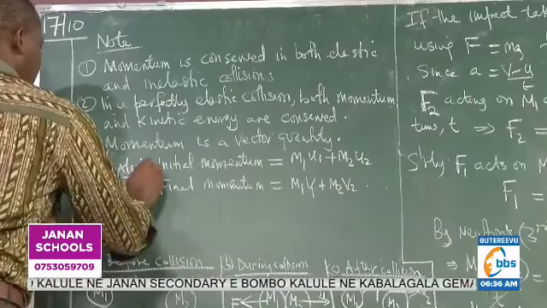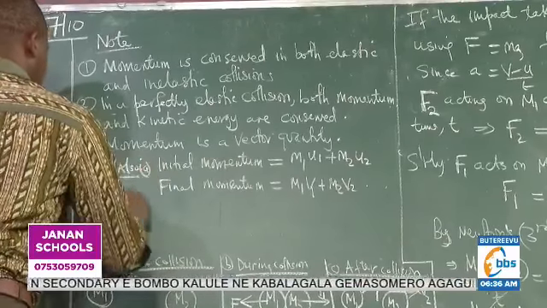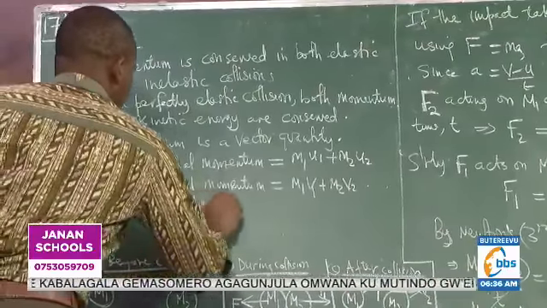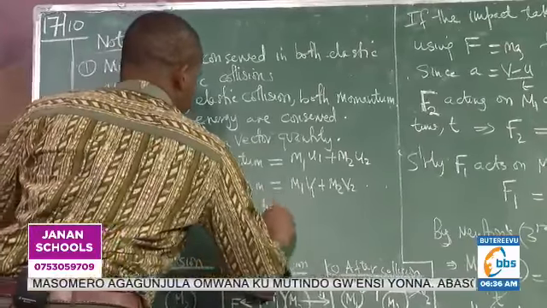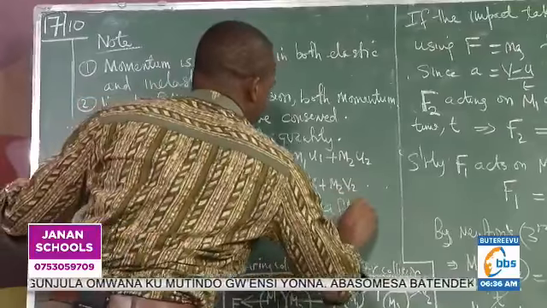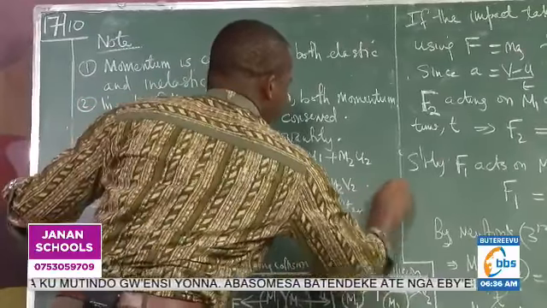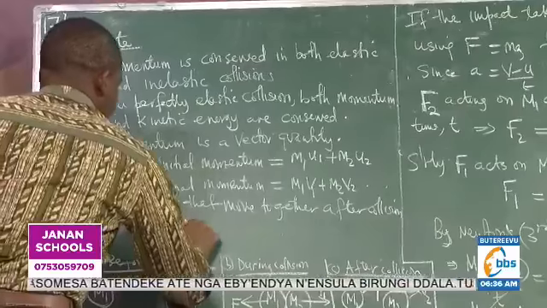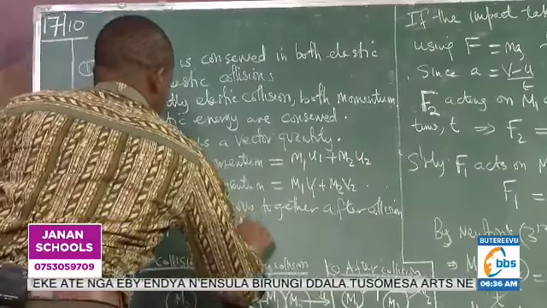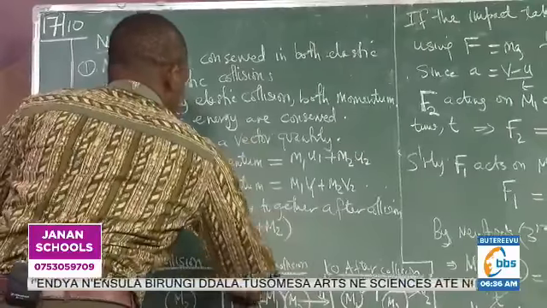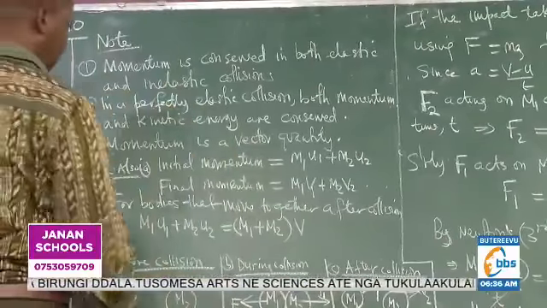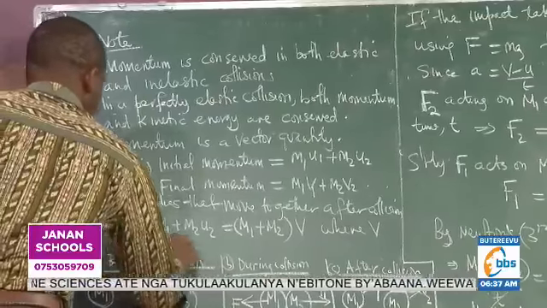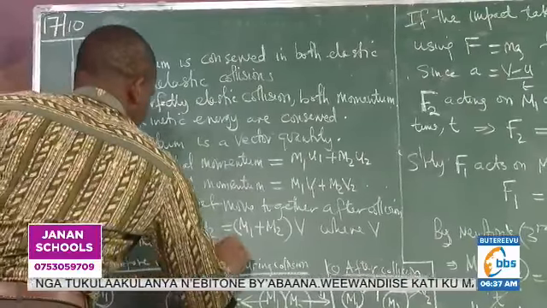I can also say that, B, for bodies that move together after collision, we say that the total momentum before collision will be equal to the sum of the masses times the common velocity, where V is the common velocity.